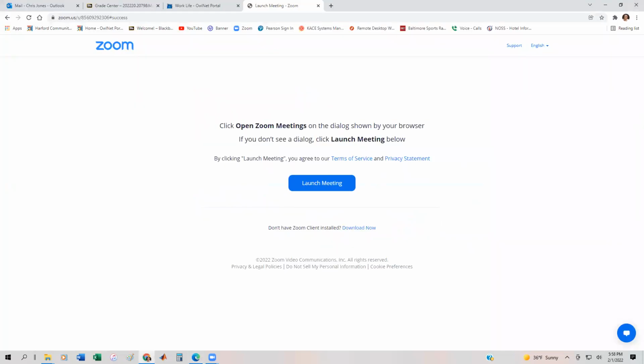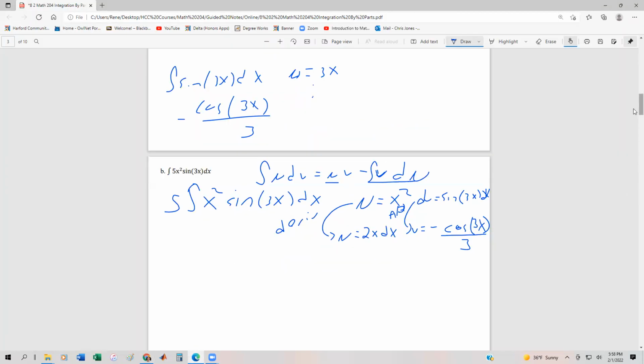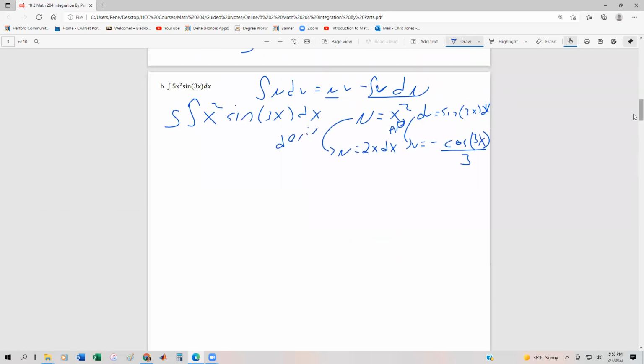Our formula is uv minus the integral of v du. So the integral is going to be equal to our uv, so we're just going to multiply these together.